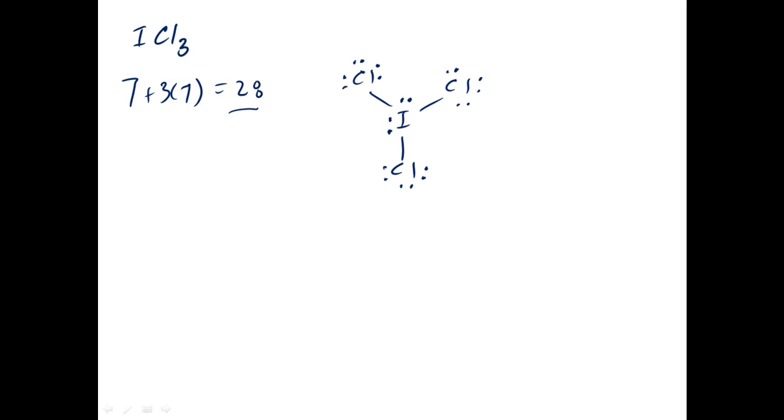Remember, the excessive electrons always go on the central atom. Okay? So iodine has 2, 4, 6, 8, 10 around it. It's okay because it can have the expanded octet. Chlorine is more electronegative than iodine, so partially negatives on the chlorines, or if you like, the arrows pointing towards the chlorines. All right, so there's our Lewis structure.